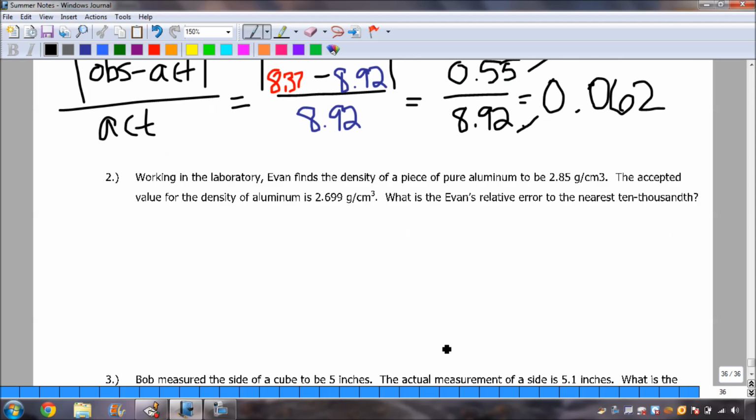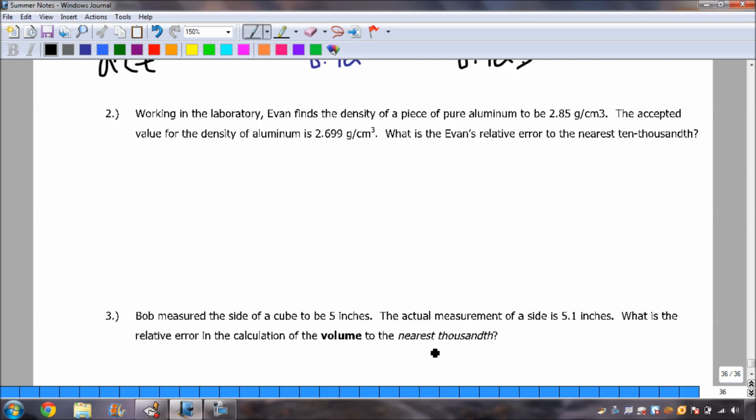All right, I want you to read through number 2 and try number 2. Press pause until you've completed the problem and then come back to me to see how you've done. Okay, so remember, the formula is the absolute value of the observed data minus the actual data, all over the actual data.